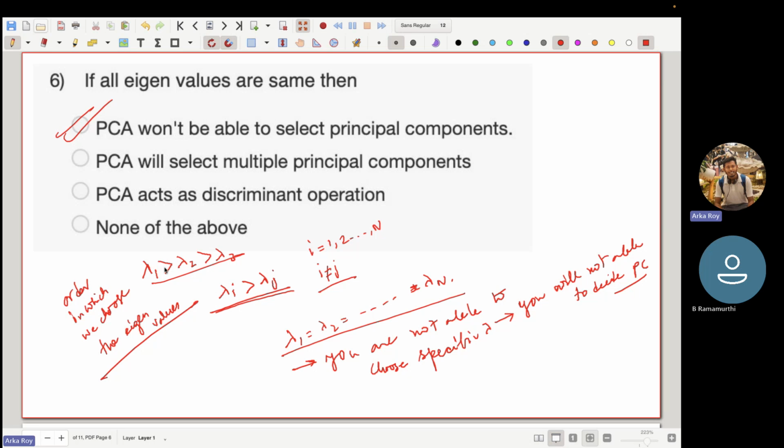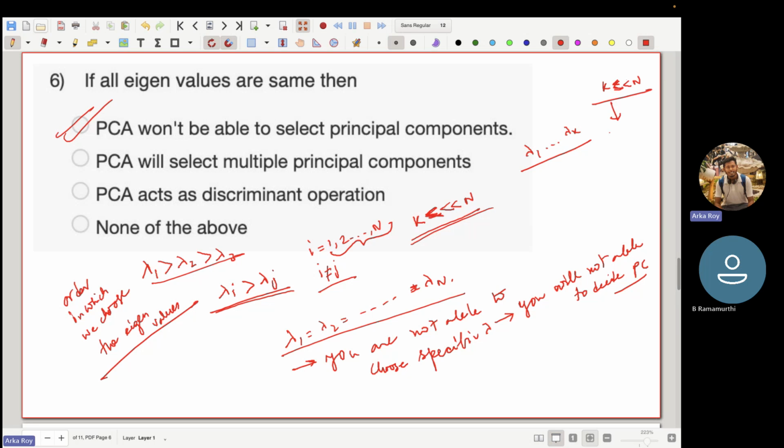So if you have n number of principal components, you will choose k number of principal components, which is very much less than n. So you are considering only lambda 1 to lambda k, and k is very much less than n.